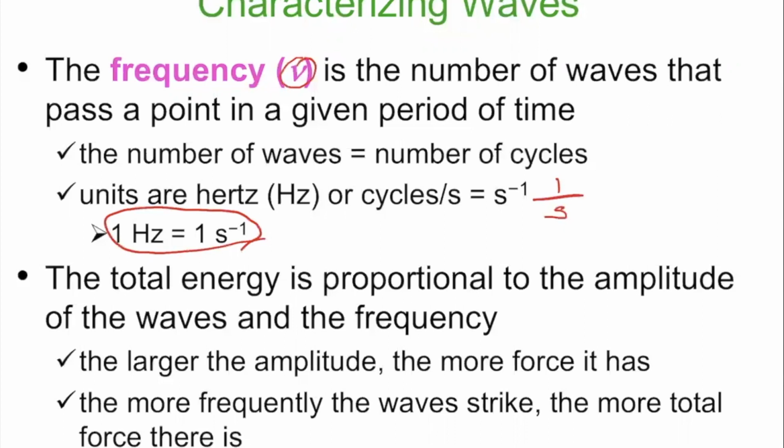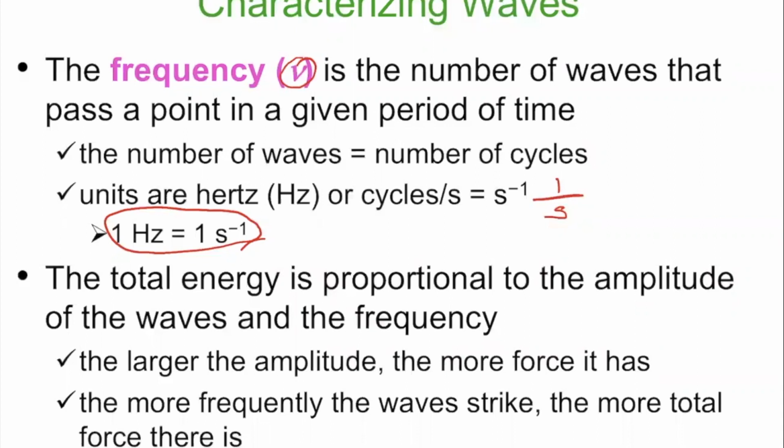Frequency is going to be directly proportional to the speed at which the wave is traveling. So high frequency means high speed. Now frequency and wavelength are inversely proportional.